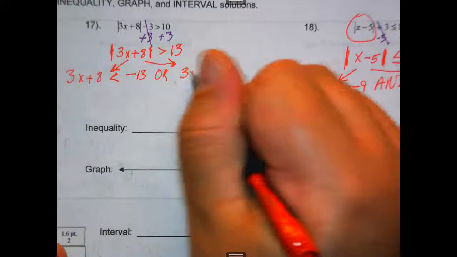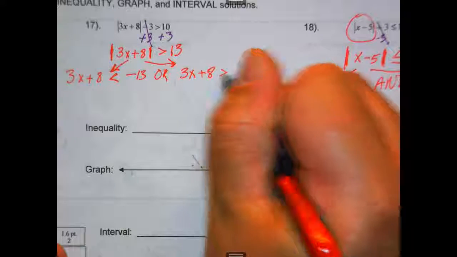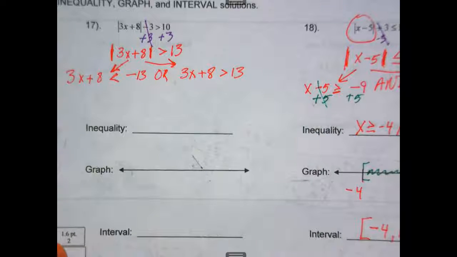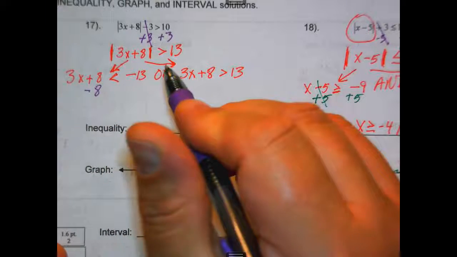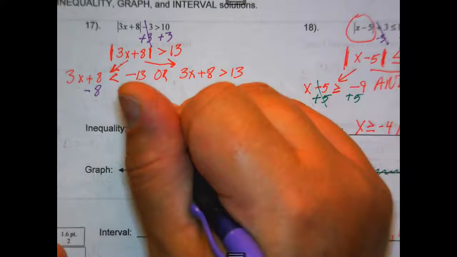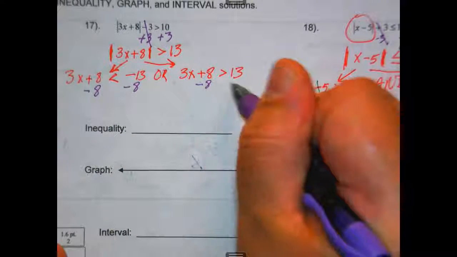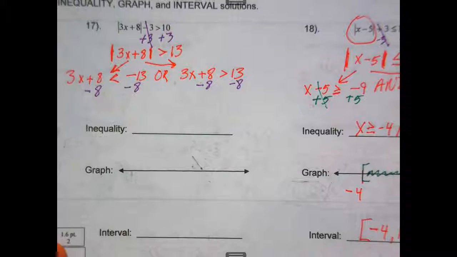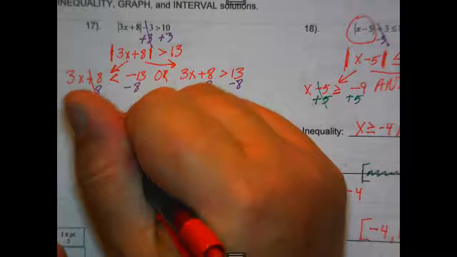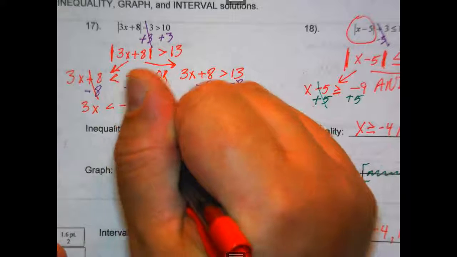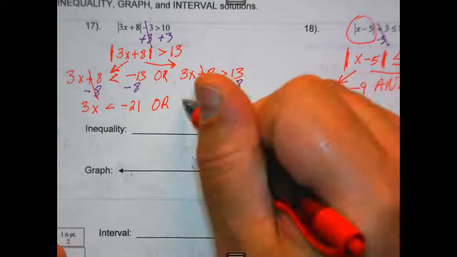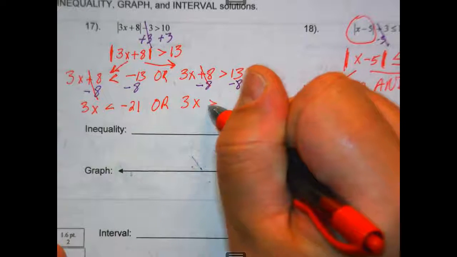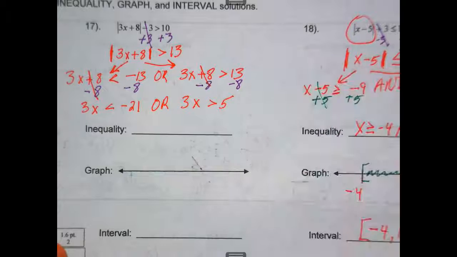Or 3x plus 8 is greater than positive 13. Solve each one. Subtract 8. I get 3x is less than negative 21, or 3x is greater than 5.